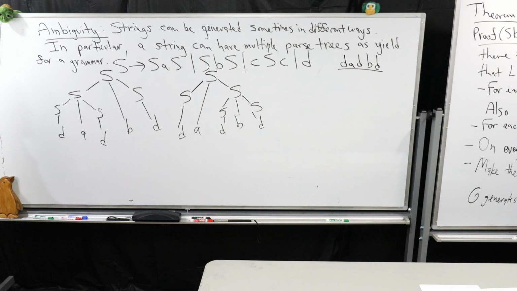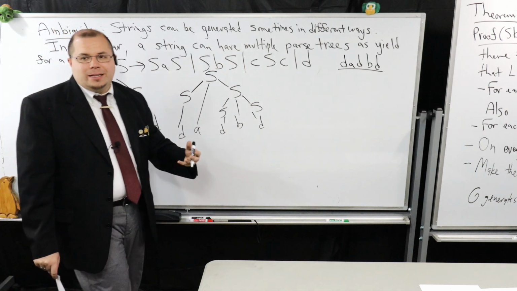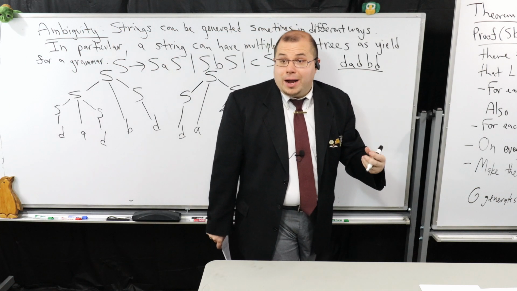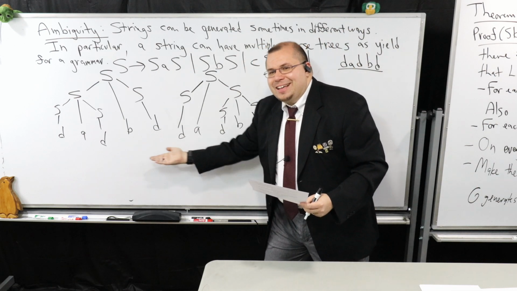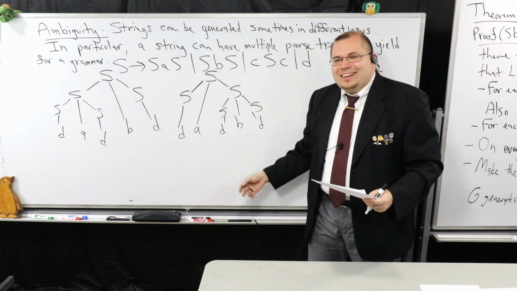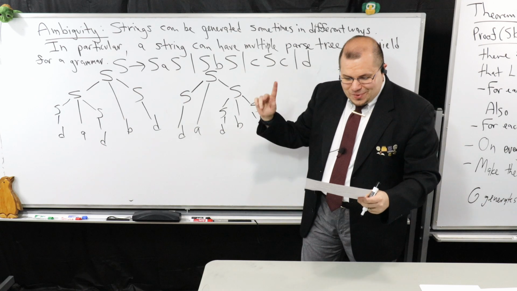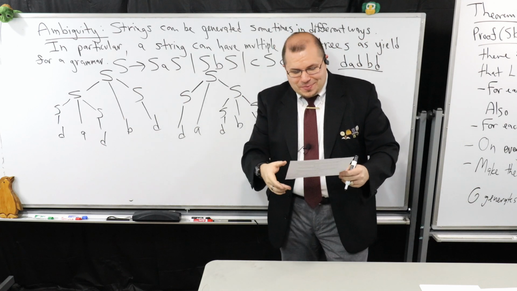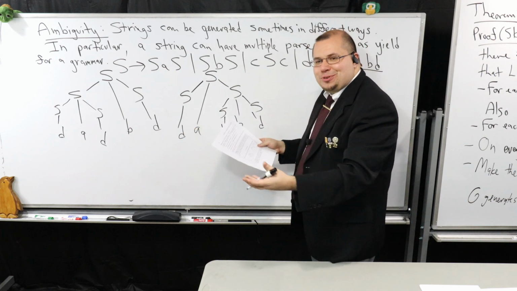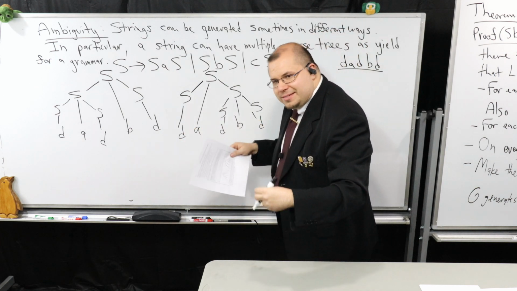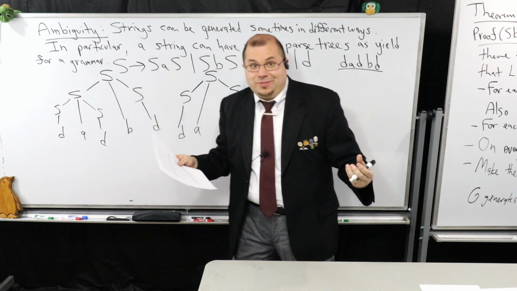Does anybody see a problem with this fact? It's a little uncomfortable if you want to use a context-free grammar to describe a programming language, for example, or just a program. Because now I have two different ways of describing the same yield, which is not a good thing. That's not a good thing in practice. Why? Because now you have to deal with multiple interpretations of the same yield of the parse tree.